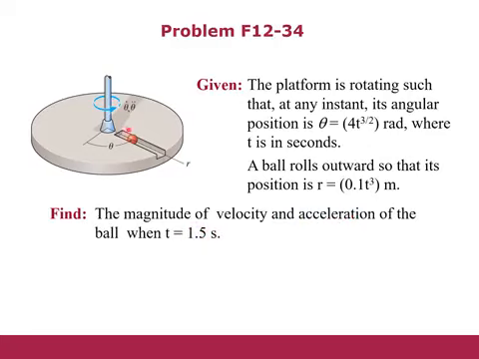Of course, when the ball is here and the platform starts to move, there will be a force which tends to move it outside the platform. So after some time it will move in the transverse as well as the radial direction, right?